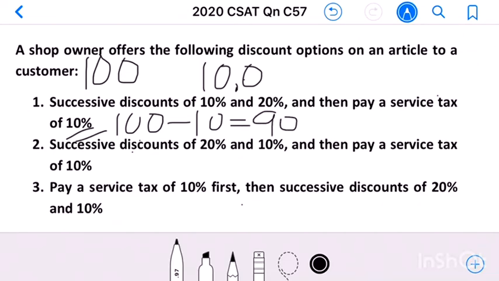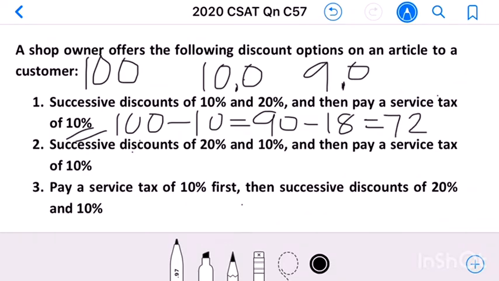Then after that, a 20% discount. How do we find 20% of 90? 10% of 90 equal to 9. Then 20% means 2 times 10%. Then 2 into 9, 18. 90 minus 18, we get 72.